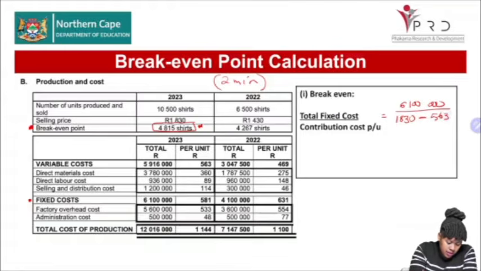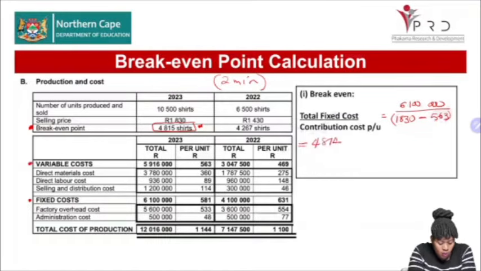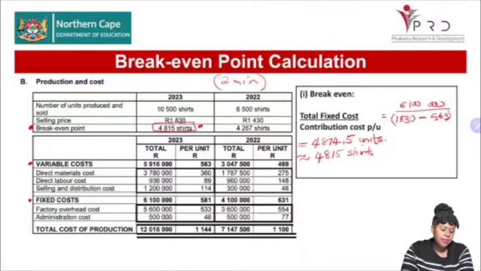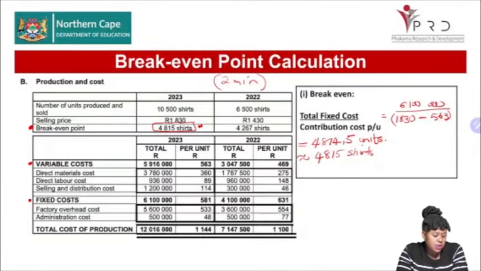Okay, that is the variable cost per unit, as you can see. So then when we substitute the information in our calculator, you are going to get your break-even point of 4,814.5 units. And that obviously rounded off will give us 4,815 shirts. Sorry. Okay, so that's how we calculate our break-even point, grade 12.